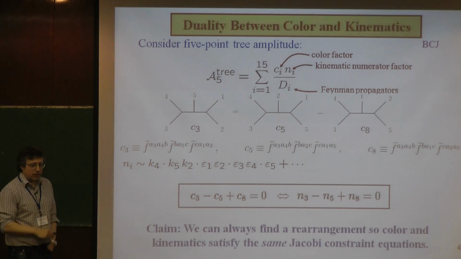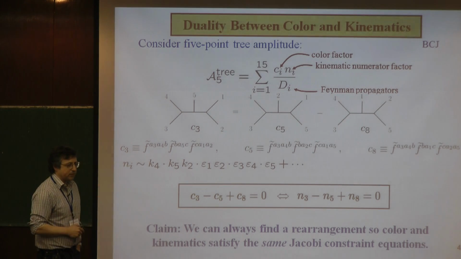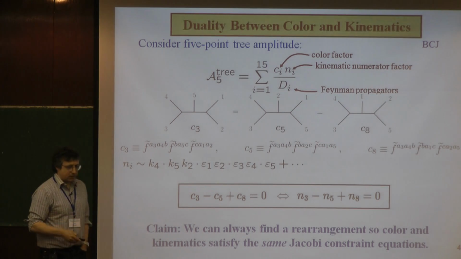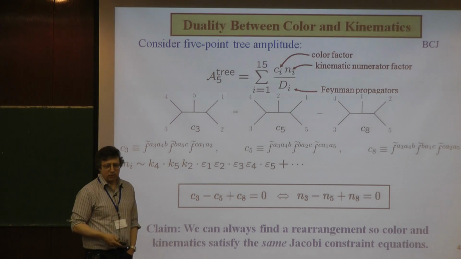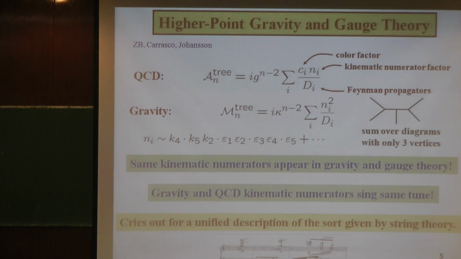The statement is that there exists a representation such that for every color Jacobi identity, there's a numerator Jacobi identity. And there is such a representation. Now, as I explained, I'm not telling you how to find this, but if you know the existence of it, then in fact you can find it. The key thing is to know which way you're going.